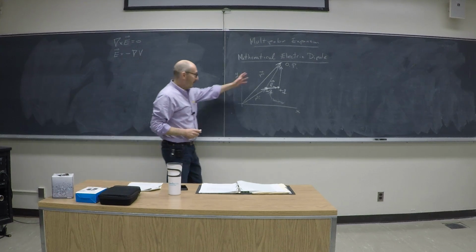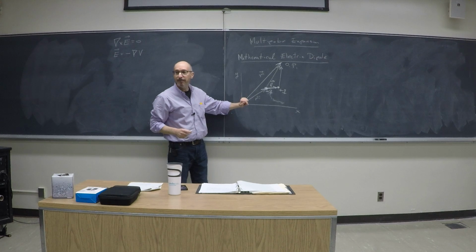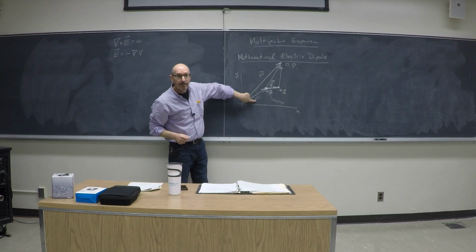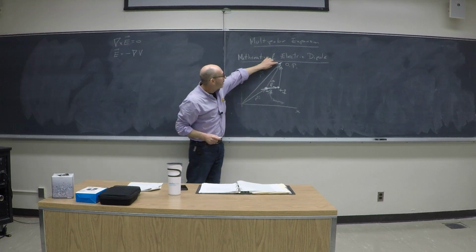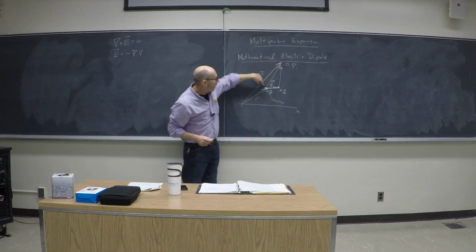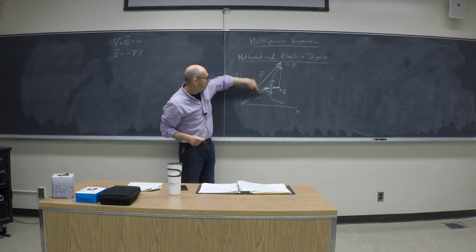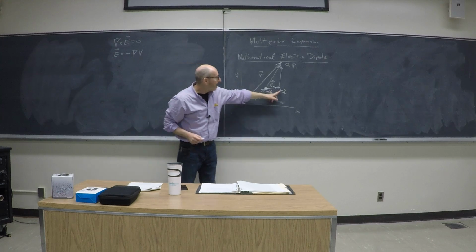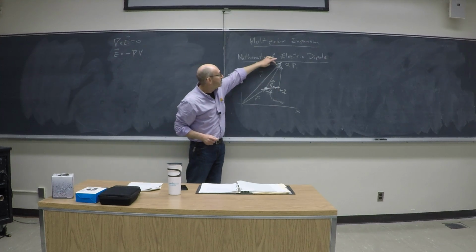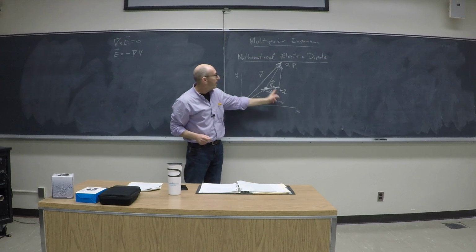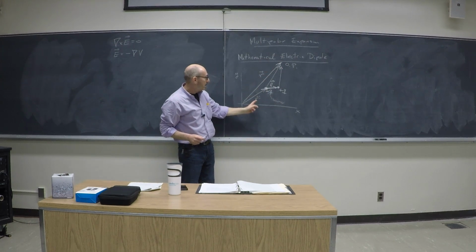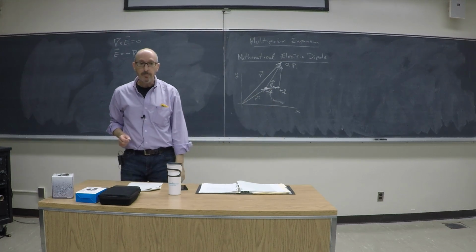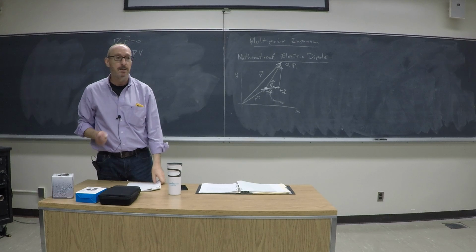Okay, so it's getting very crowded, but since minus q is located at r prime, then the vector difference between the observation point and minus q is nothing but r minus r prime. That's easy. For plus q, then the vector difference between r and that source is r minus r prime plus L. Okay? So I'm going to write that explicitly.